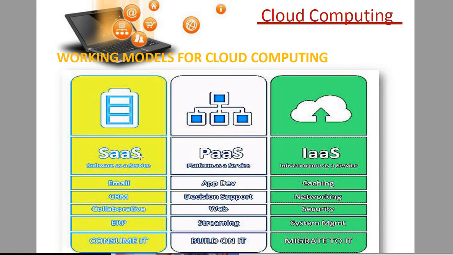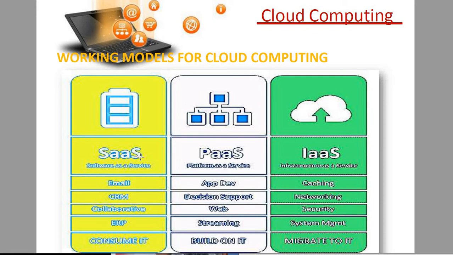SaaS is basically used for email, customer relationship management, enterprise resource planning, collaboration. So these are used for software purposes. Platform as a service: any web or app developer who wants them as a service can use PaaS, like app development, decision support, web streaming.